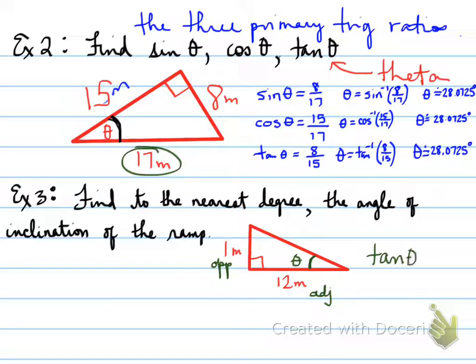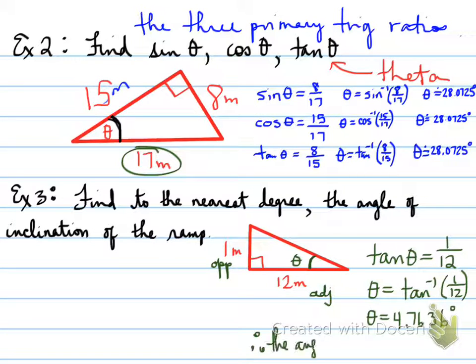That's right, TOA is the one we're going to use. Tangent of the angle, we're going to just call it theta, is equal to opposite over adjacent, which is 1 over 12. And we solve for theta by taking the tan inverse of 1 over 12, and that will give us a value for theta to be 4.7636 degrees.